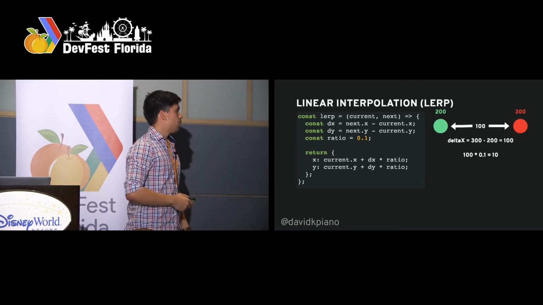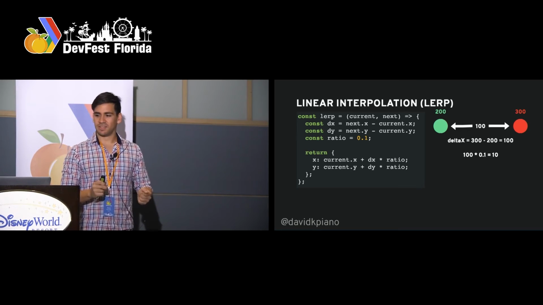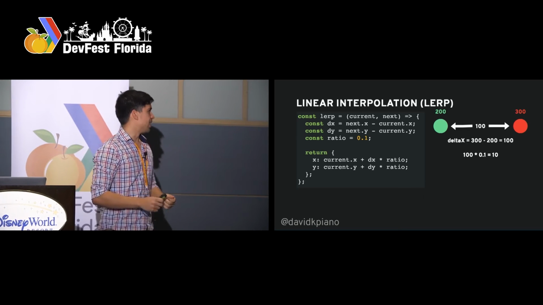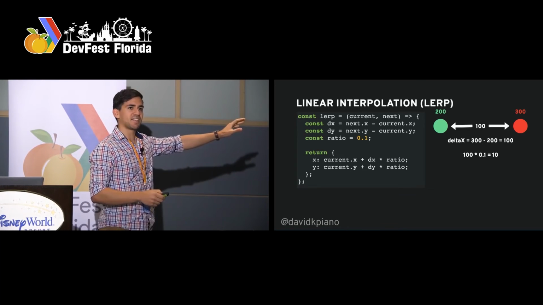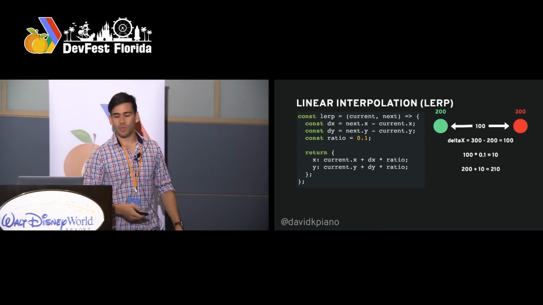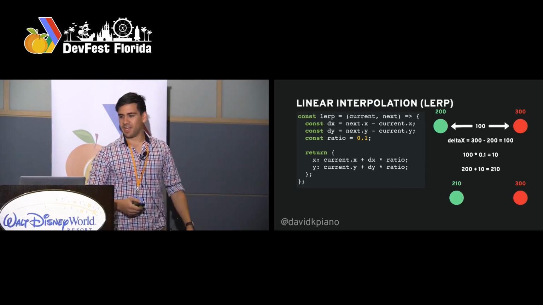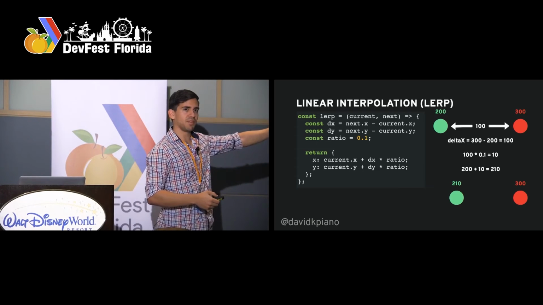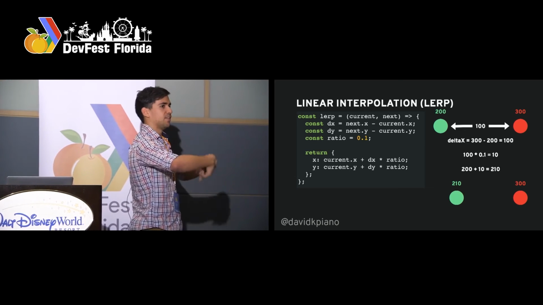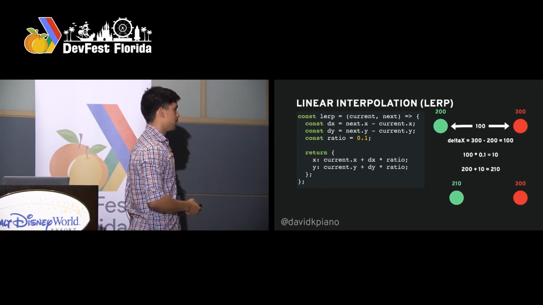Let's say that we want to move it only 1/10 of the way each time. So we take that delta, multiply it by 1/10, and so that's 10. We add that to our starting value, which is 200. And so now we see that it moved a little bit closer. And then lather, rinse, repeat, you're going to get a smooth motion that goes from point A to point B.